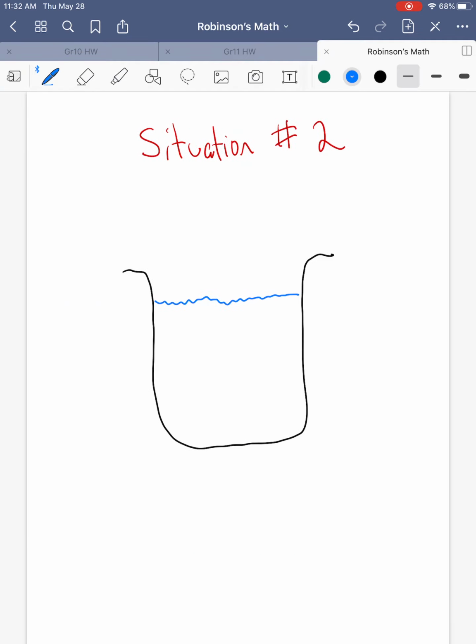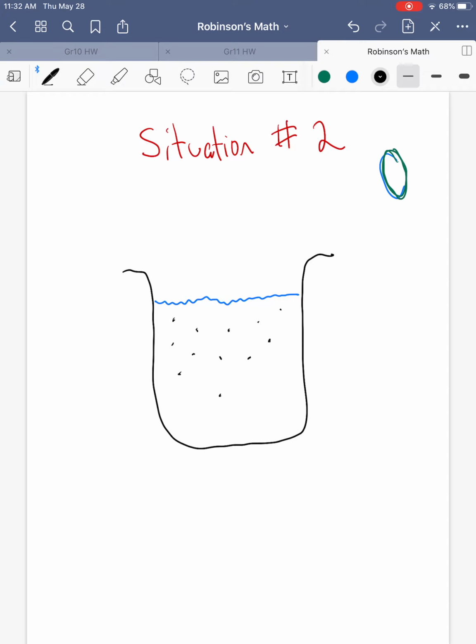Situation number 2. Okay, so situation number 2 is similar to situation number 1 in that we have an egg that we're going to drop into a fluid. The difference is we are going to add quite a significant amount of salt to the water.